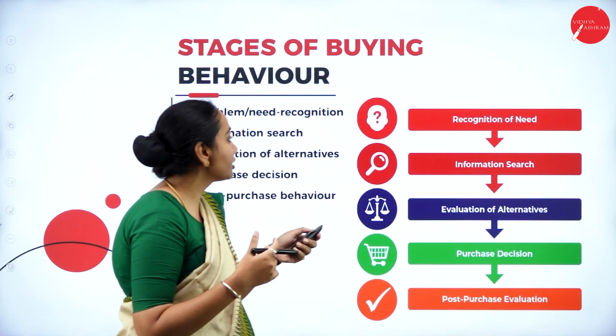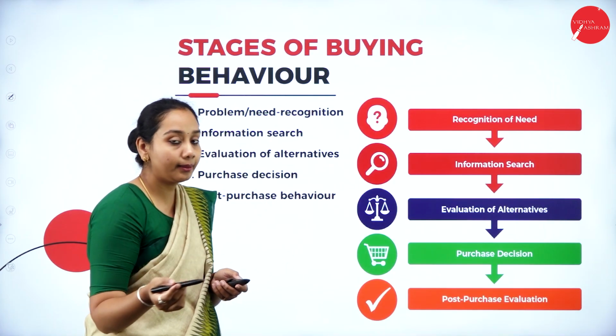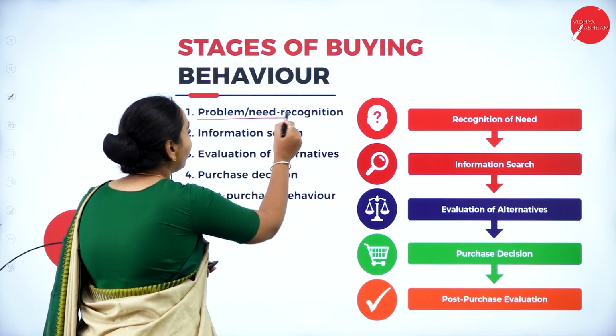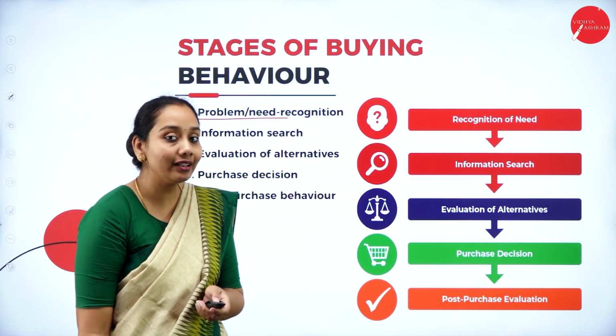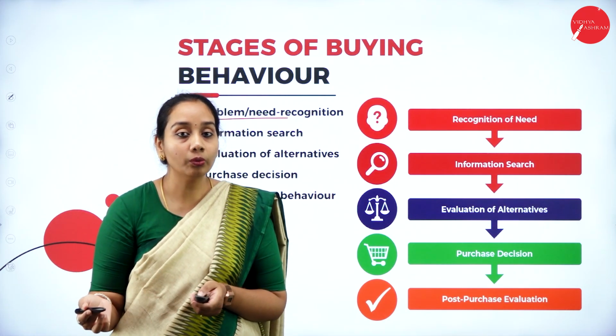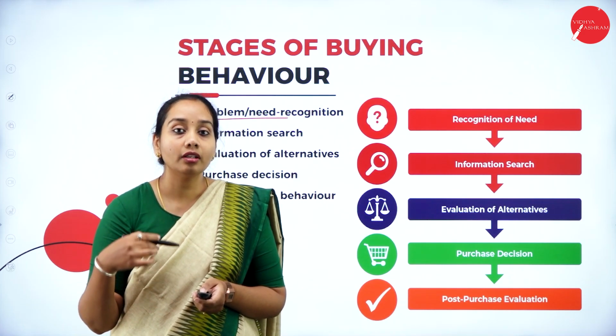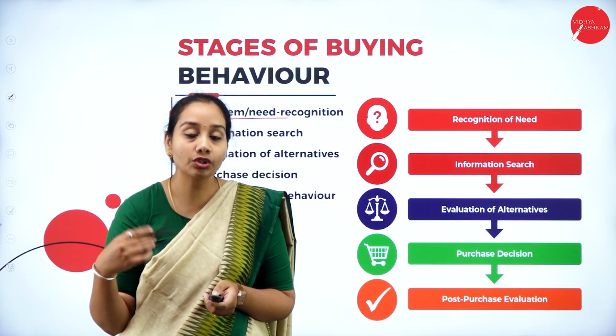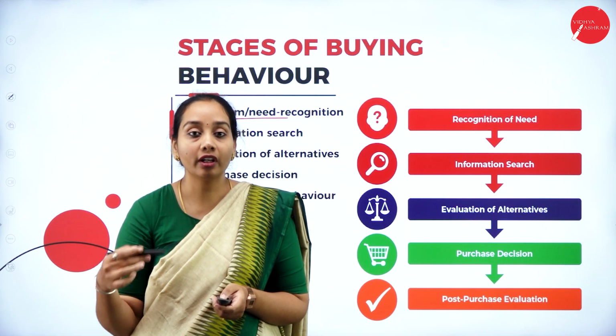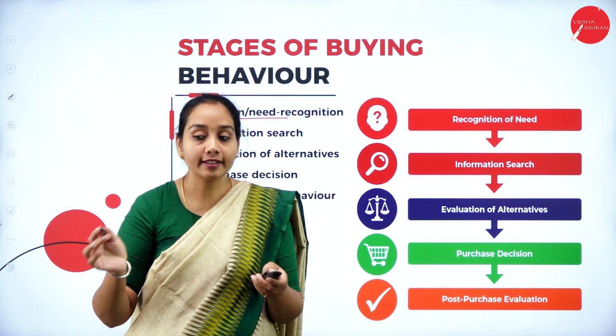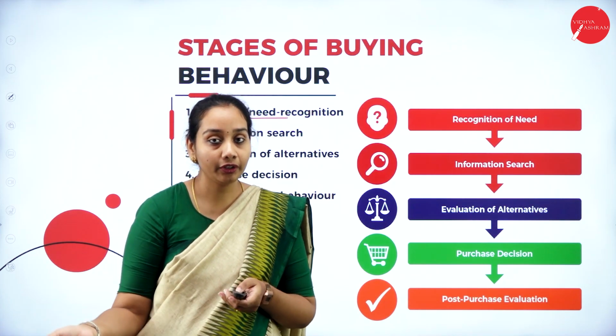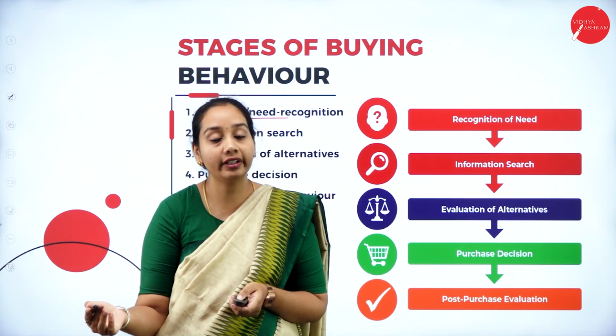So next is the stages of the buying process. First is problem recognition or need recognition. Whenever you want to buy a product, there arises a need. There should be a want or a need that has to be fulfilled. For example, you have joined college, degree first year.